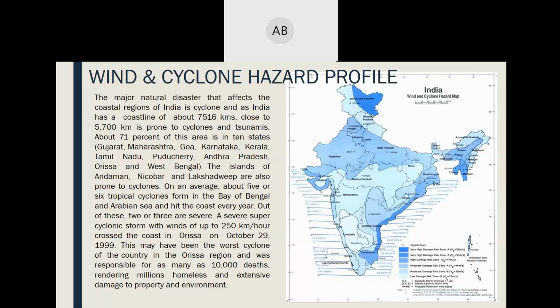So where are the dark blue colors? You see here on the east coast, starting from Tamil Nadu, then Andhra Pradesh, and then going to Odisha, and then coming to West Bengal. So this entire eastern coast is affected by a lot of cyclonic activities.